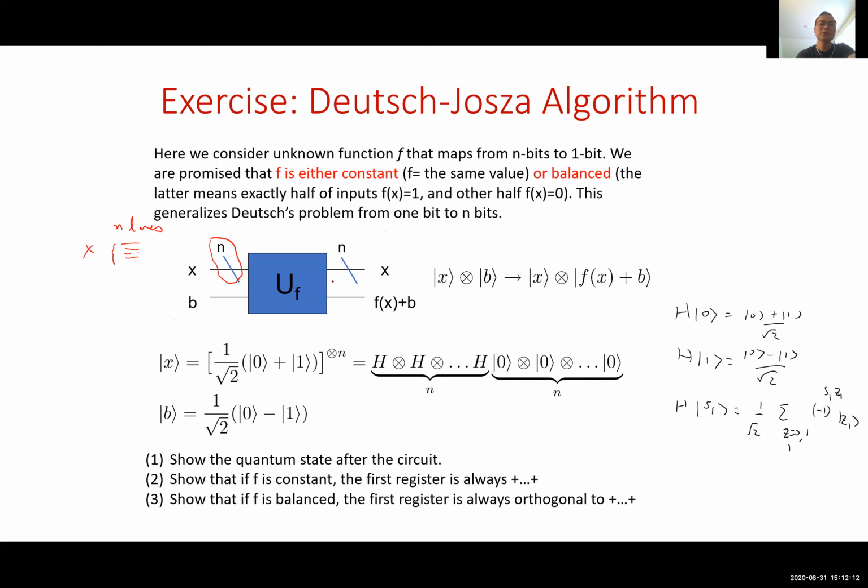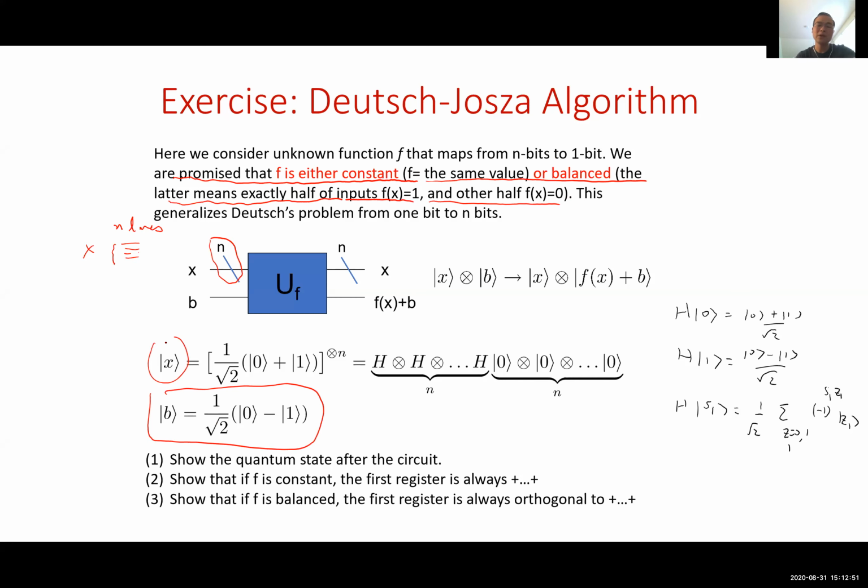So this is a generalization of the Deutsch algorithm to the problem where it's promised that f is either constant or balanced, meaning for half of the inputs you get 1 and the other half is 0. Then you can always send in this, and the analysis will be just on the X register. This just generalizes the previous consideration to n qubits. So I won't do this.